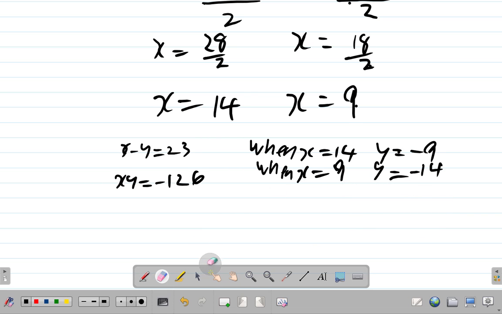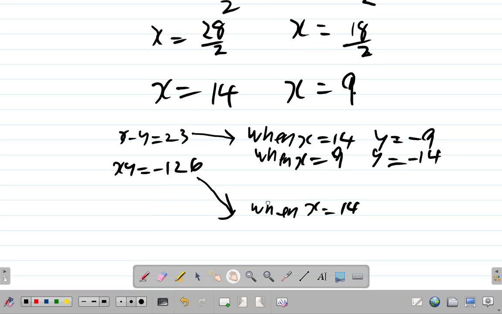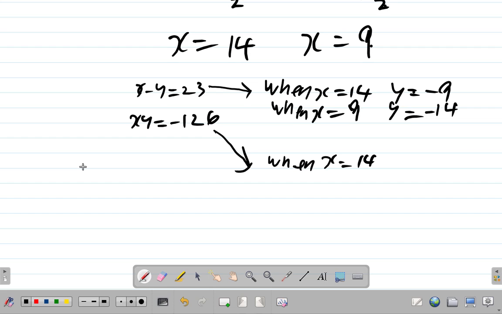Alright. We had used equation 1 to solve it. Could we use equation 2 as well? Let's try. What happens when x is 14? Imagine we didn't solve this part. Remember, this came from this, right? Let's see what we could do with this. When x is 14, what is y? If we transpose this to make y the subject, we divide both sides by x and get y is equal to negative 126 over x.